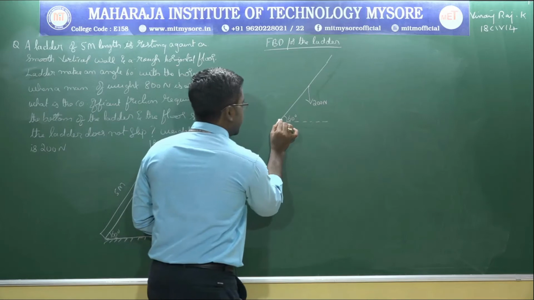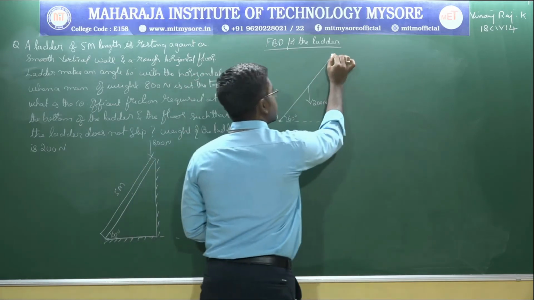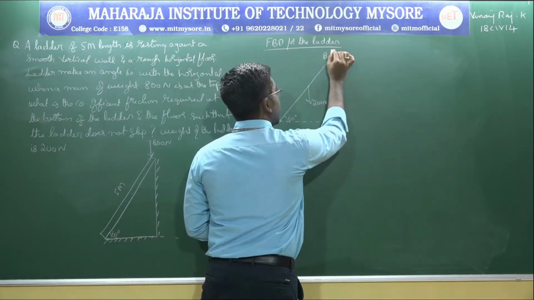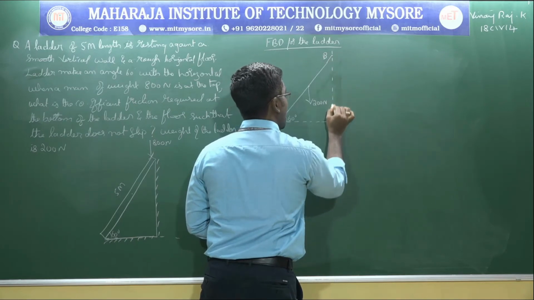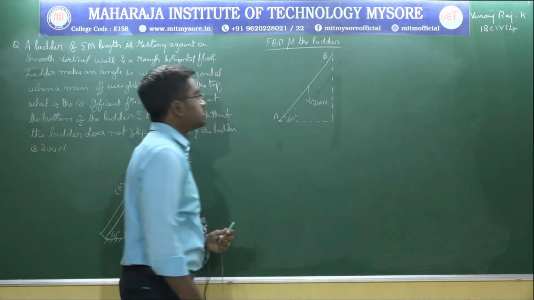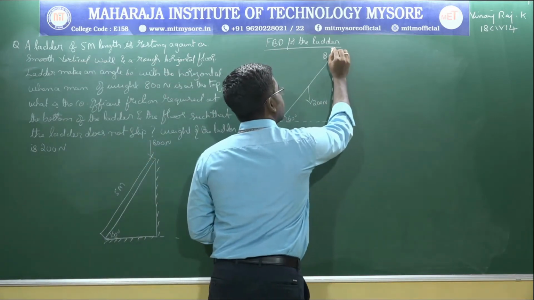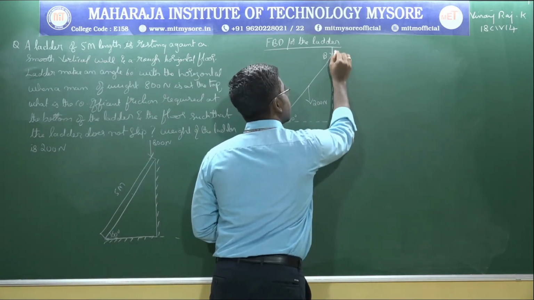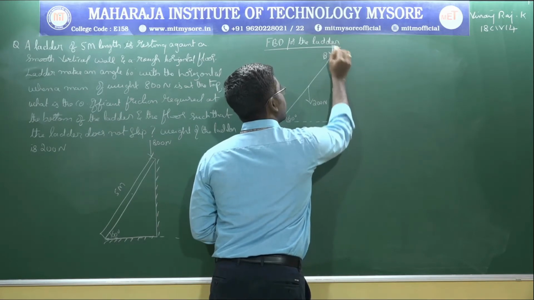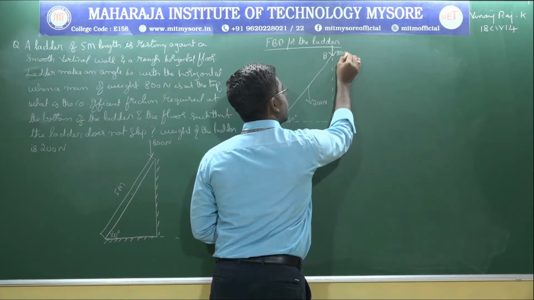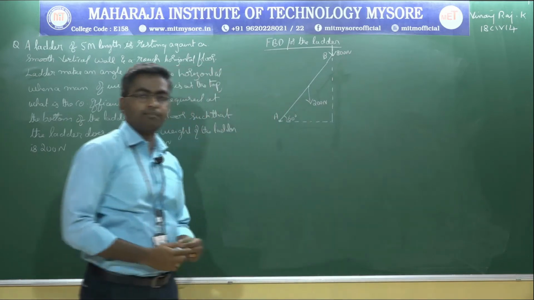So this is point A and this is point B, and here there is a wall, right? Now a man is at the top of the ladder and the man weight is 800 Newton, right?